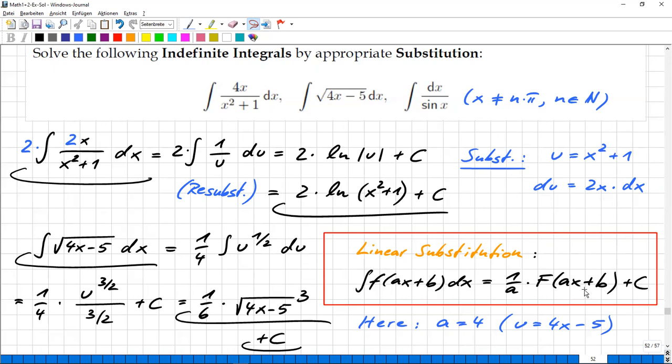Then you have to go on using the chain rule when differentiating, which means you have to multiply the inner derivative. Now, the inner derivative will be a, constant a. And since this is the case, you would have a factor of a here, but this will cancel out against the a here in the denominator. So the whole additional factor will disappear, and you will have just exactly the integrand.